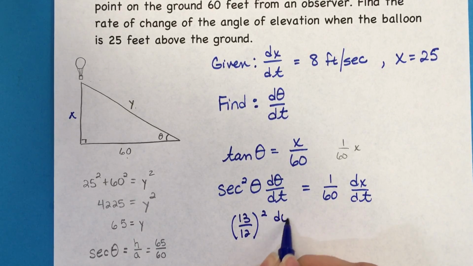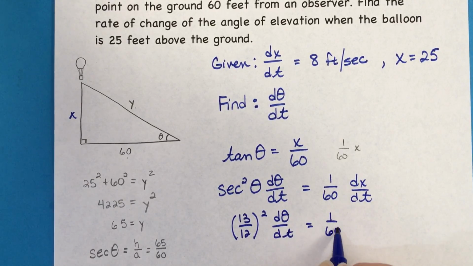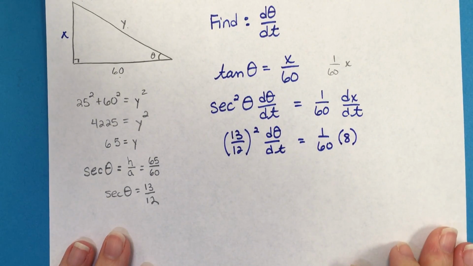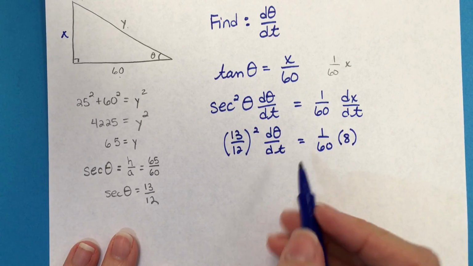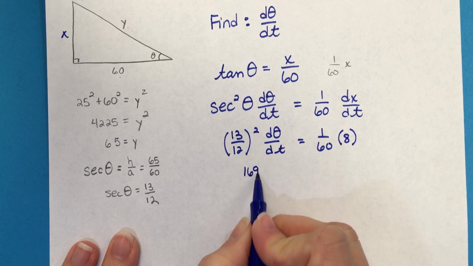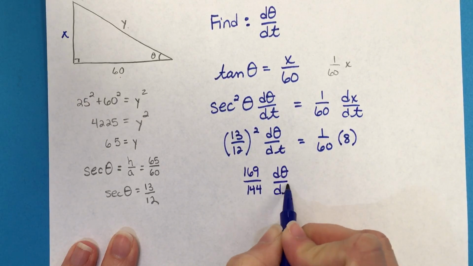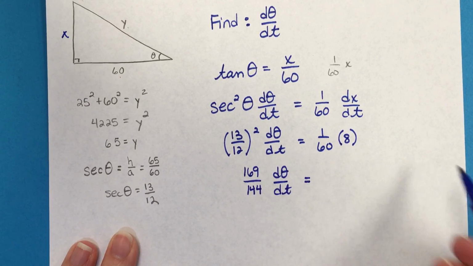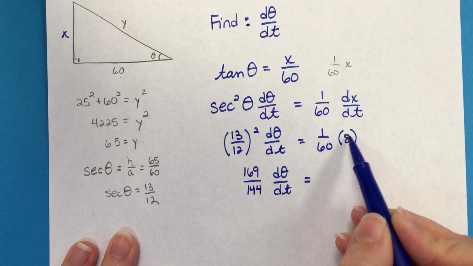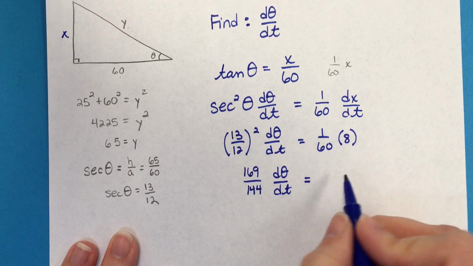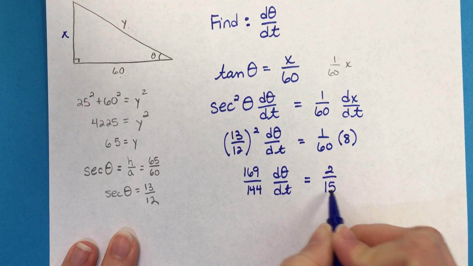Of course, I'm trying to find d theta dt. And that's equal to 1/60th times the 8. So now we just need to work on getting d theta dt on one side by itself. So this is 169 over 144. And if you wanted to reduce, this is 8 over 60. It's going to reduce to 2 over 15.